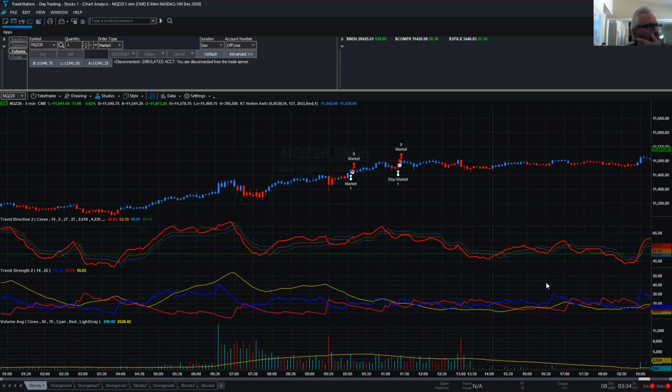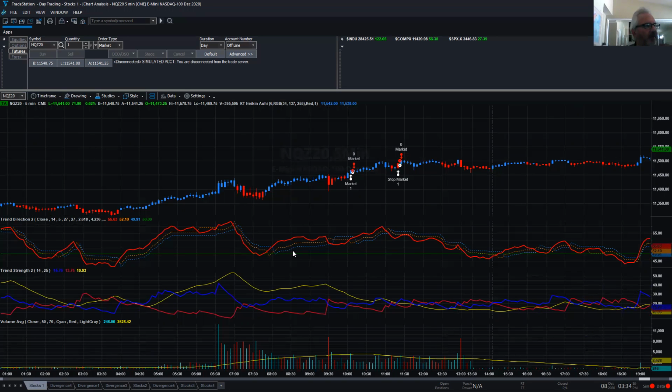So we use a trend direction and trend strength, two different types of indicators. One looks at the direction, and we have a green line here, and this divides the market in half. So anything below is weak, anything above is strong. And then we also have a faster indicator, which gives us the direction of the market.